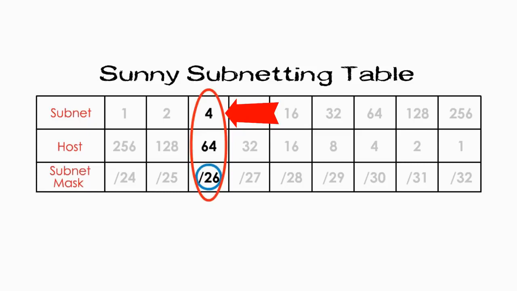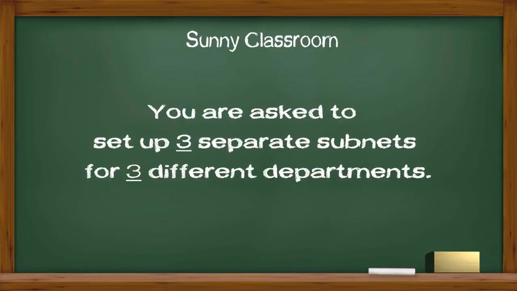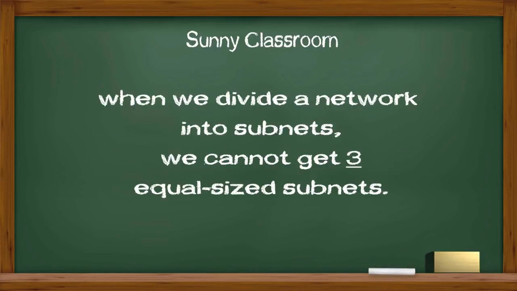Let's revisit our question again. We are asked to get 3 smaller separate networks for 3 different departments. So 3 is the key word. But as we know, when we divide a network into subnets, we cannot get 3 even-sized subnets.